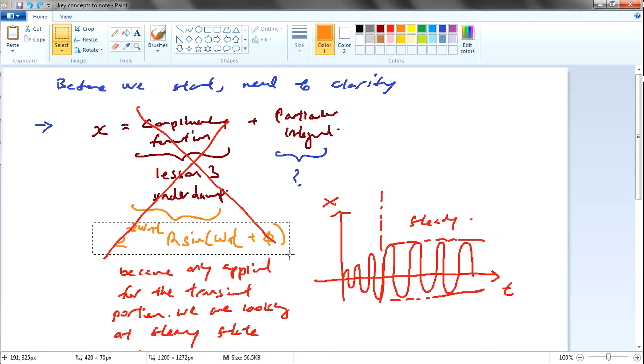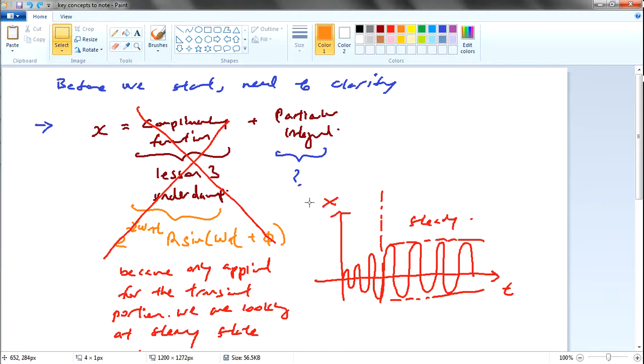With these, I hope I can give you a very clear understanding. So the particular integral only applies for steady state. For steady state, only the particular integral is used to determine the amount of amplitude, which is this point.